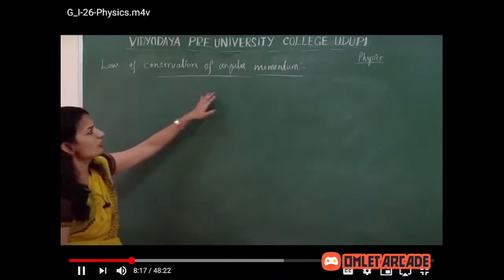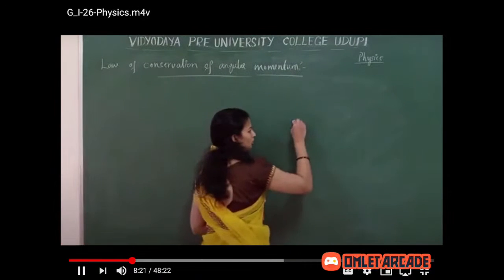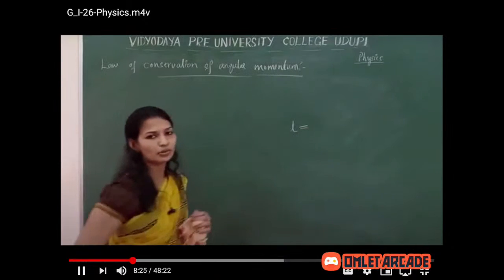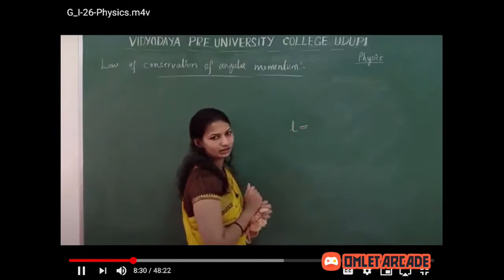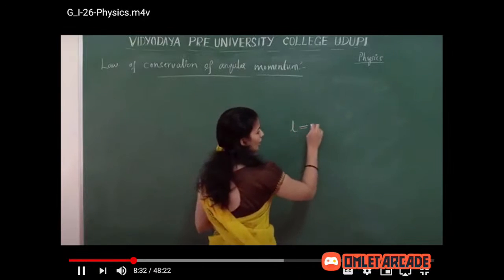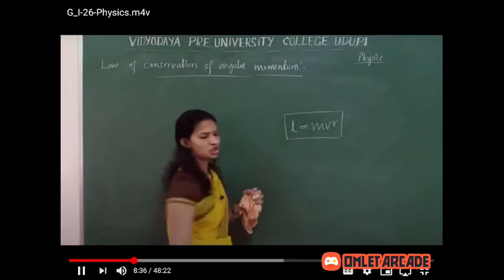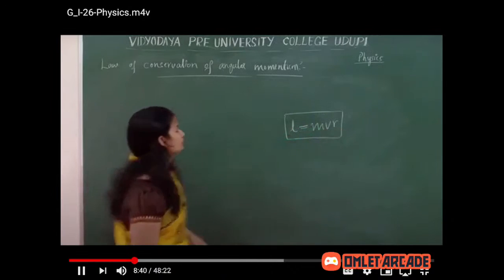Then what does conservation of angular momentum say? We already studied the expression for angular momentum, right? Either write small letter l or capital letter L, it's left to you. L is equal to mvr. This is the equation we got, right?